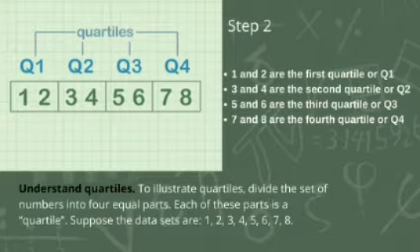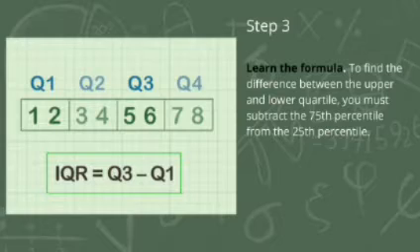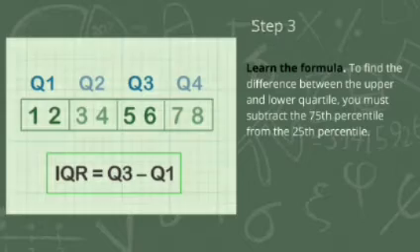So 1 and 2 are the first quartile or Q1, 3 and 4 are the second quartile or Q2, 5 and 6 are the third quartile or Q3, and 7 and 8 are the fourth quartile or Q4. Step 3. Learn the formula. To find the difference between the upper and lower quartile, you subtract the 25th percentile from the 75th percentile.